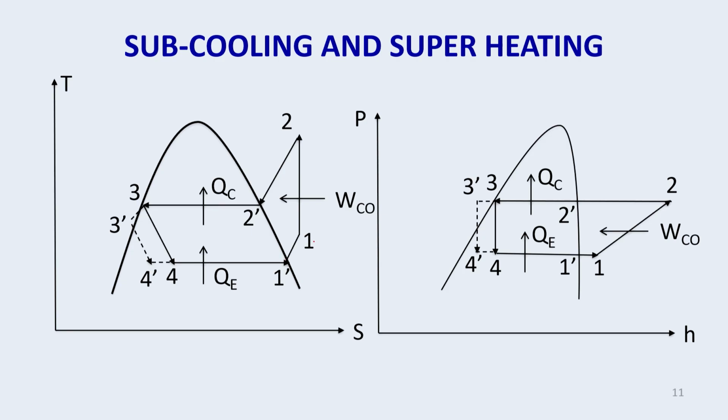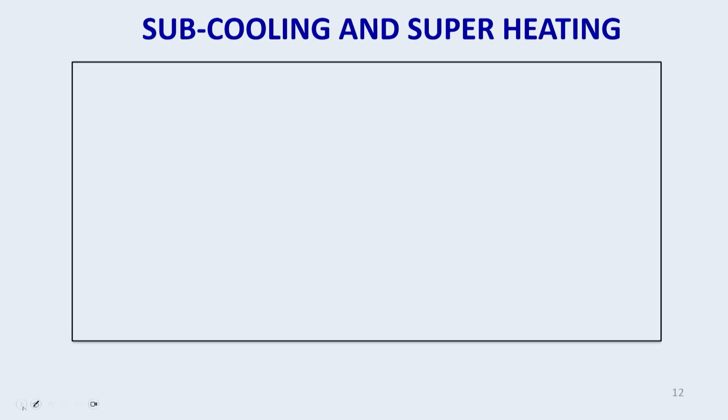So 1 dash to 1 is the superheating process and 3 to 3 dash is the subcooling process. Without subcooling, the throttling process is 3 to 4. With subcooling it is 3 dash to 4 dash.